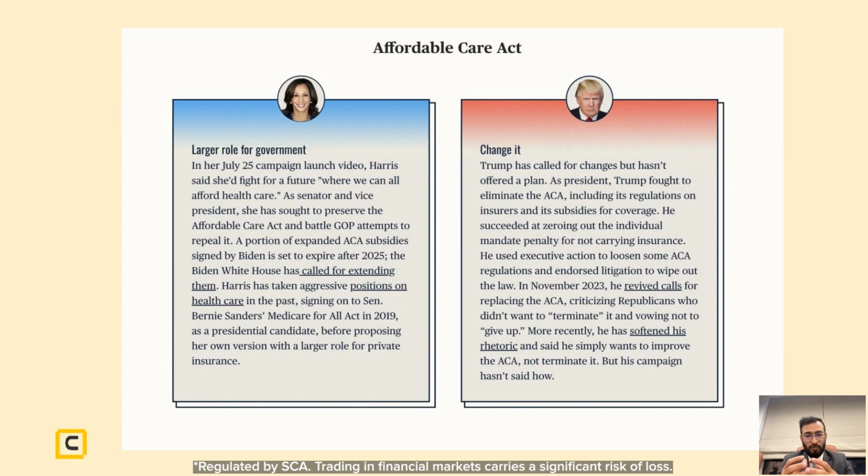Democrats feel that everybody should be able to afford healthcare, and this is something which has been talked about a lot in Joe Biden's governance and Barack Obama's governance. Both of them were Democrats, and the Biden White House has called for extending the Affordable Care Act subsidies, which are set to expire in 2025.